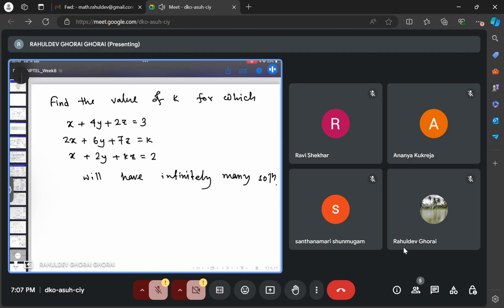Then that might be the solution, might be k equal to 5.